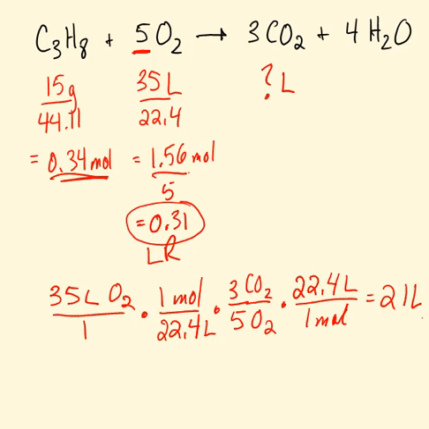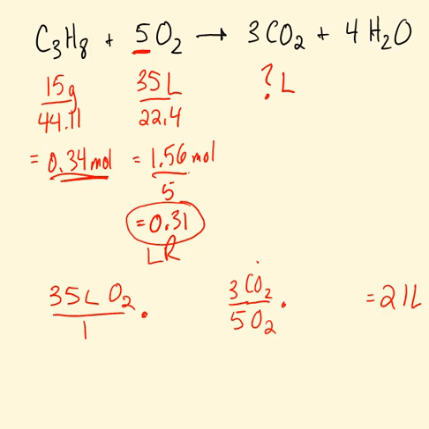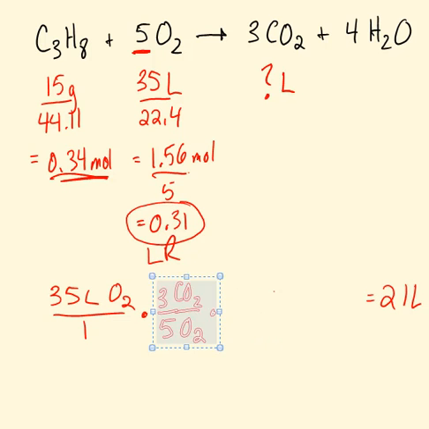Now, the shortcut. You'll notice that right here I divide by 22.4, and right here I multiply by 22.4. In effect, those things cancel out to 1, because 22.4 divided by 22.4 is just 1, which means that all I really have to do then, when I'm converting a volume of one gas to volume of another gas, is multiply by the mole ratio, okay?